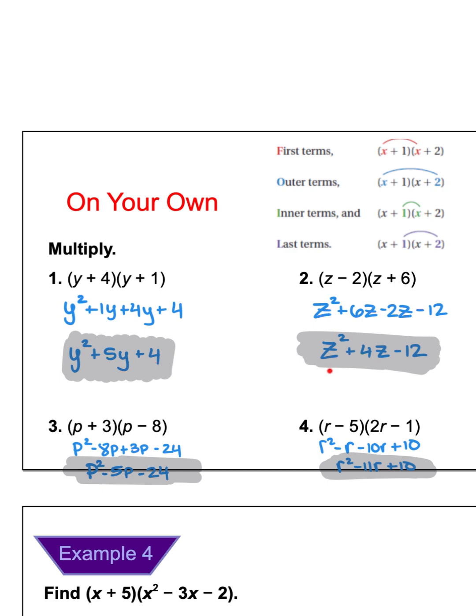Number 2, z squared plus 4z minus 12. Number 3, p squared minus 5p minus 24. And number 4, r squared minus 11r plus 10. Right above it, you'll notice that's the work that I showed of me doing that double distributive property to get these and then combining the like terms for your final answer there that's highlighted.